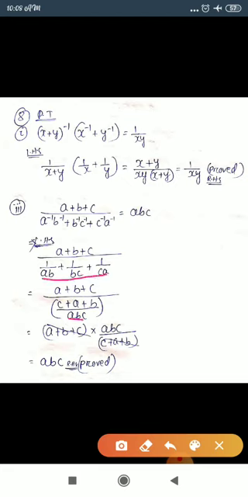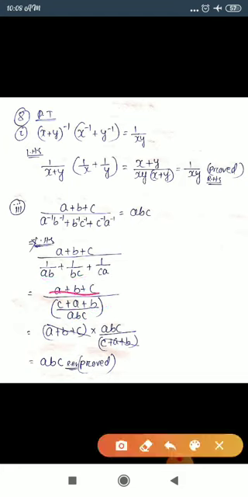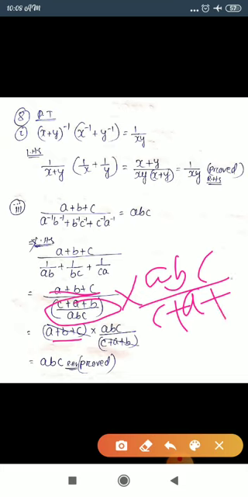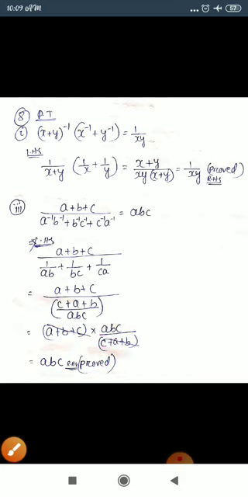Find out this LCM will be abc, and here c plus a plus b, the numerator. Okay, now just see a plus b plus c, already it is in numerator. Okay, and into this one will be abc by c plus a plus b. Okay, now these two will cancel out, because here abc is there in addition, and here also abc is there in addition. So what is left now? abc. So this is our RHS we got. So LHS equal to RHS we have proved.